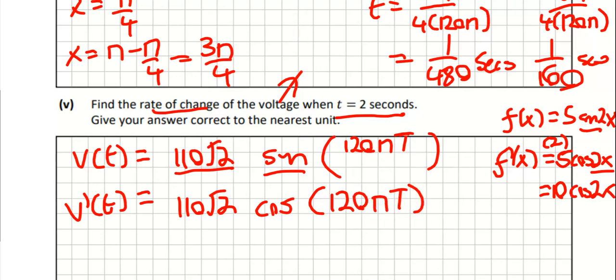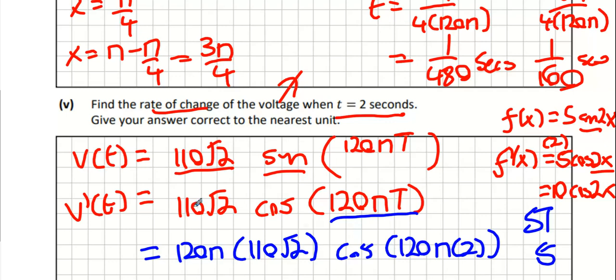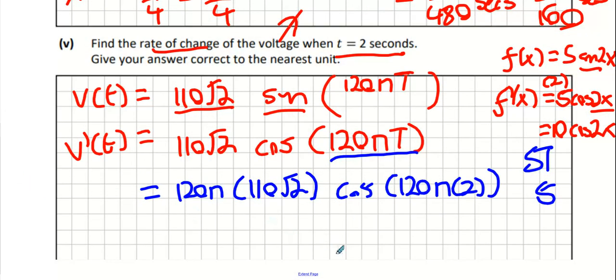Then we're going to differentiate the function. If that was 5t, the answer would be 5, but it's 120 pi t, so it's actually going to be 120 pi times 110 root 2 cos 120 pi, but the t value is 2. And I'm going to have to lob this all into my calculator right now.